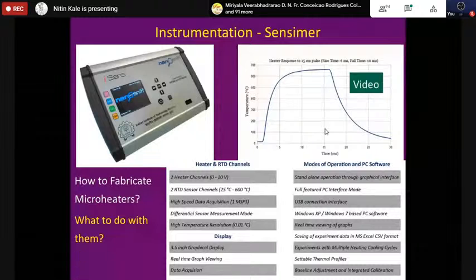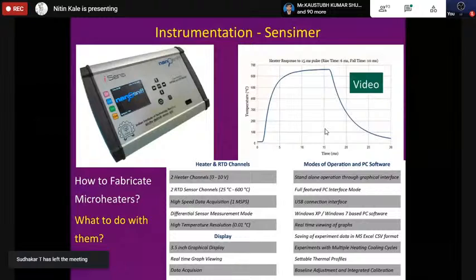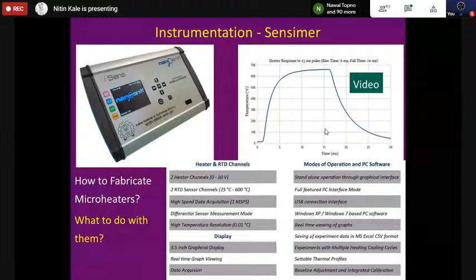It is the other platinum coil. You can apply different kinds of waveforms. You can do a sine wave, a triangular wave, a square wave, a trapezoidal wave, whatever. You can see how the temperature changes. You can do the timing control as well. You can find out the rise time and the fall time.